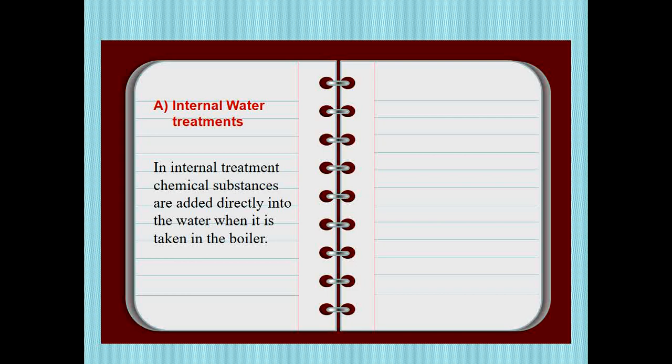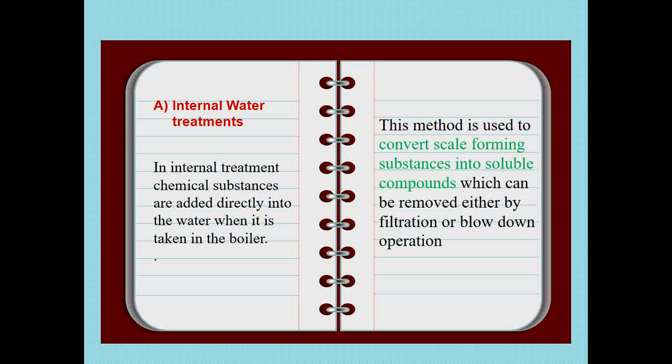So we have to add such chemical substances which will convert hard water into soft water. This method is used to convert scale forming substances into soluble compounds, which can be removed either by filtration or blow down operation.